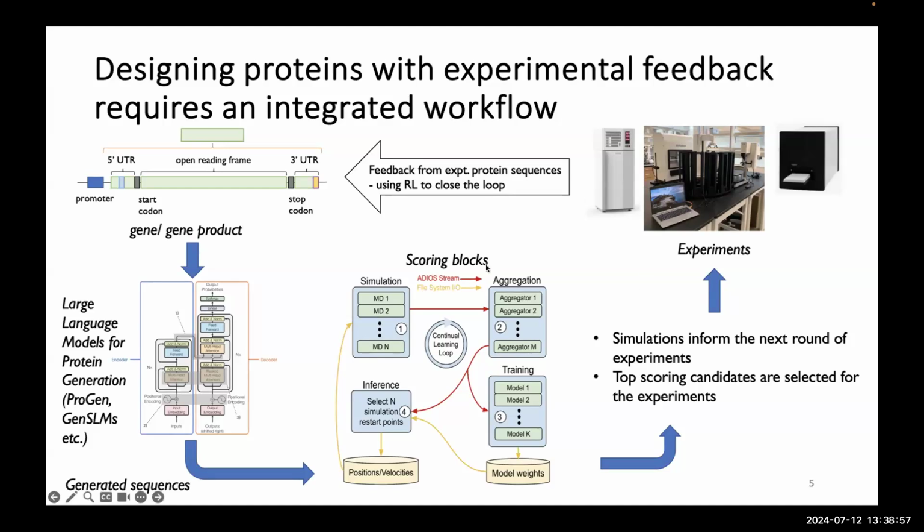So, how does it look roughly is what I have on this slide. For this particular protein design application, we would start with a large language model that's trained on a number of protein or gene families. Like I mentioned, it can be any language model, such as ProGen, GenSLM, ProGPT, ProT5, etc. And then you query the model for novel sequences, and the generated sequences are then passed through a number of scoring blocks.